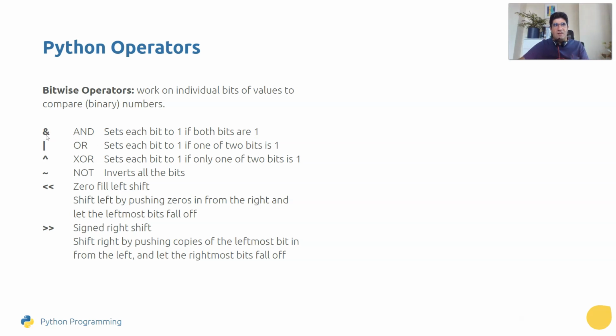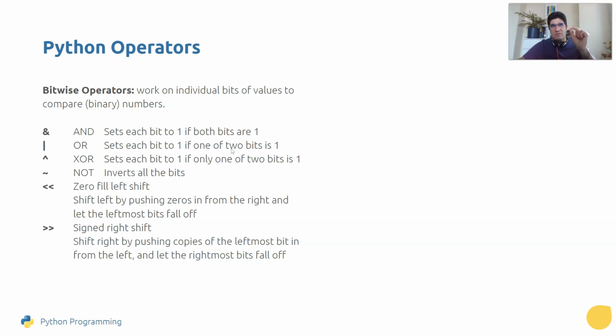Bitwise AND sets each bit to 1 if both bits are 1. For example, if we say x and y, if that bit in x and y are both 1, then the result will be 1.